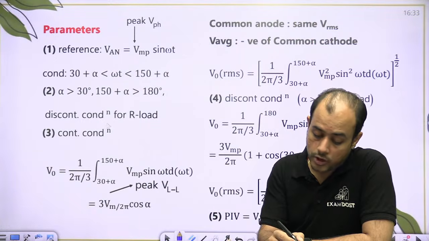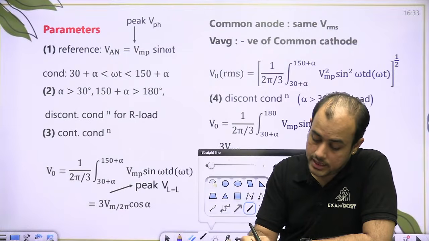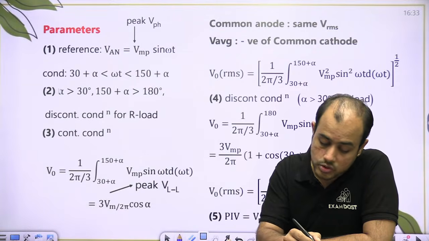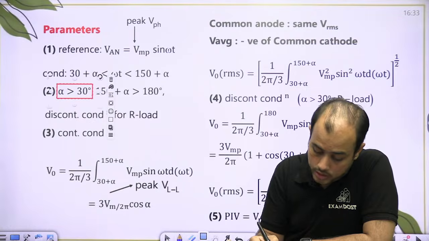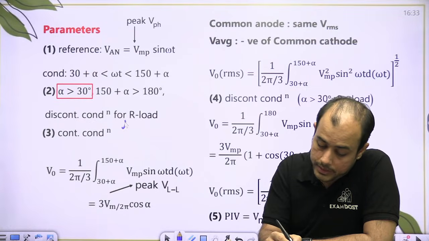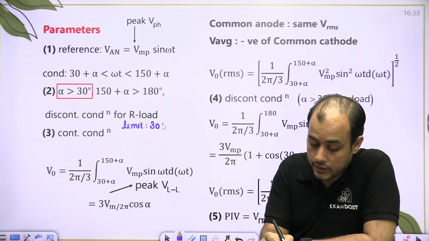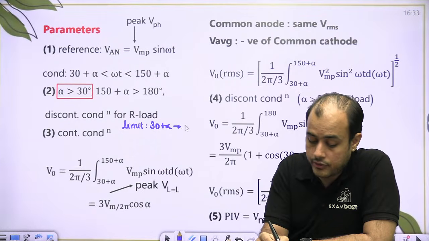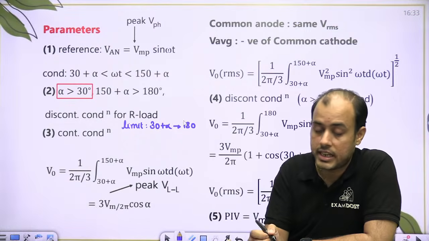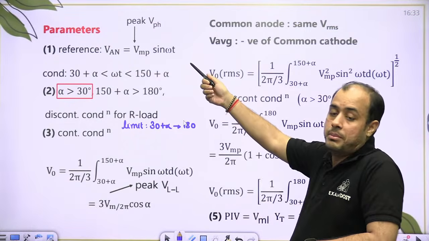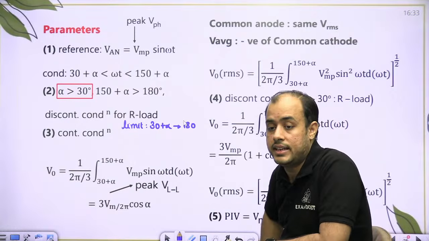ठीक है. So for alpha greater than 30 beta, I will get discontinuous conduction for R load and the limit will be 30 plus alpha to 180. We just have to remember the limit of the reference waveform. Reference waveform is VAN.